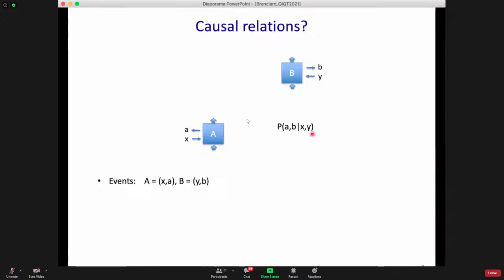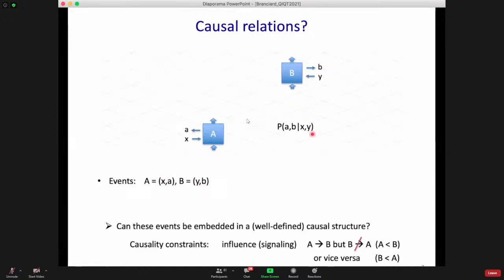So here I will not ask about locality, but instead I will ask whether those events that I defined can be embedded in some well-defined causal structure. So I will look at the causal relation between those events. What I mean by this concept of causality is in terms of influence. So I will say that there can be a well-defined causal structure if, in this case, Alice comes first and then comes Bob, and it could be that A influences B, but since B is in the future, it shouldn't be the case that B influences A. So you can have only some one-way influence, some one-way signaling.